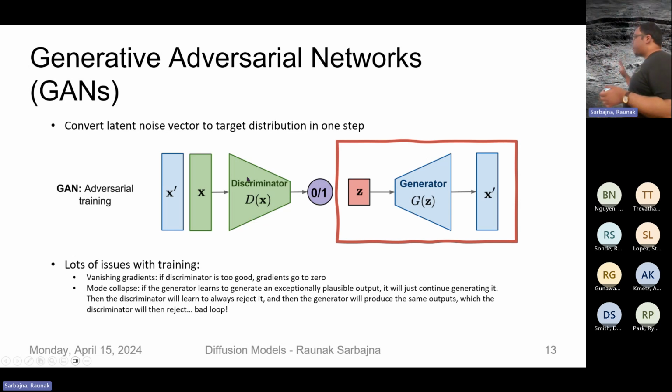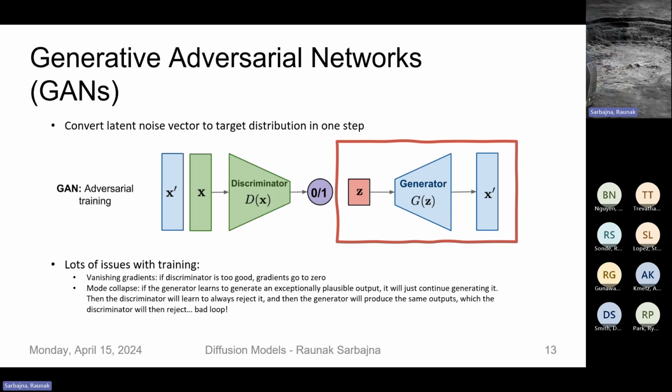So before we get into diffusion models, let's start with GANs, right? So what do GANs do? GANs take latent noise vectors, and they supply them to their generator, and then it creates this X prime, right?